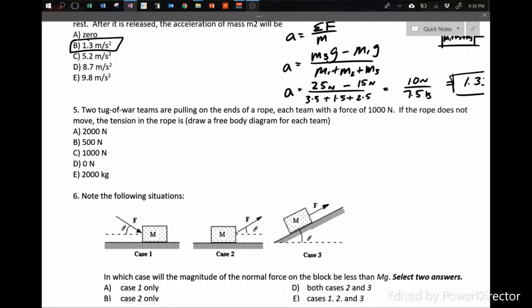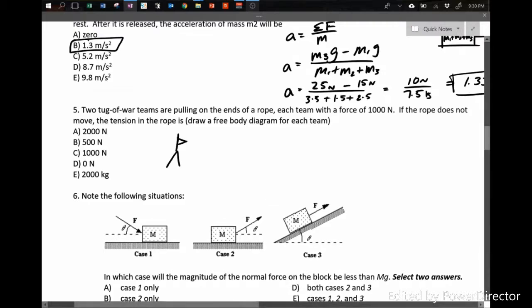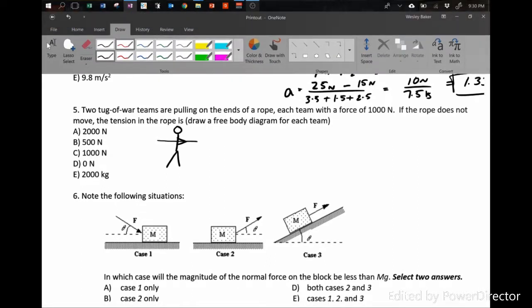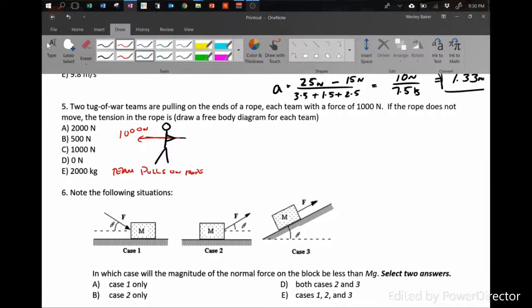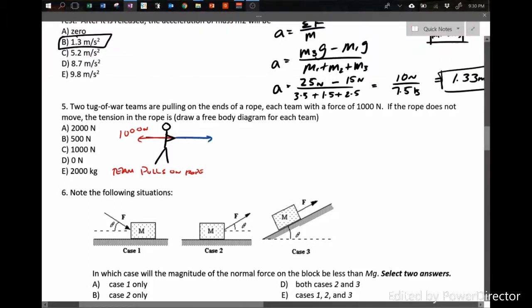Tension is only as strong as it needs to be, and if we just draw a free body diagram for one guy pulling on the rope, if we look at Newton's third law for this, we have the team pulling on the rope, and then the reaction to that is the rope pulling on the team.